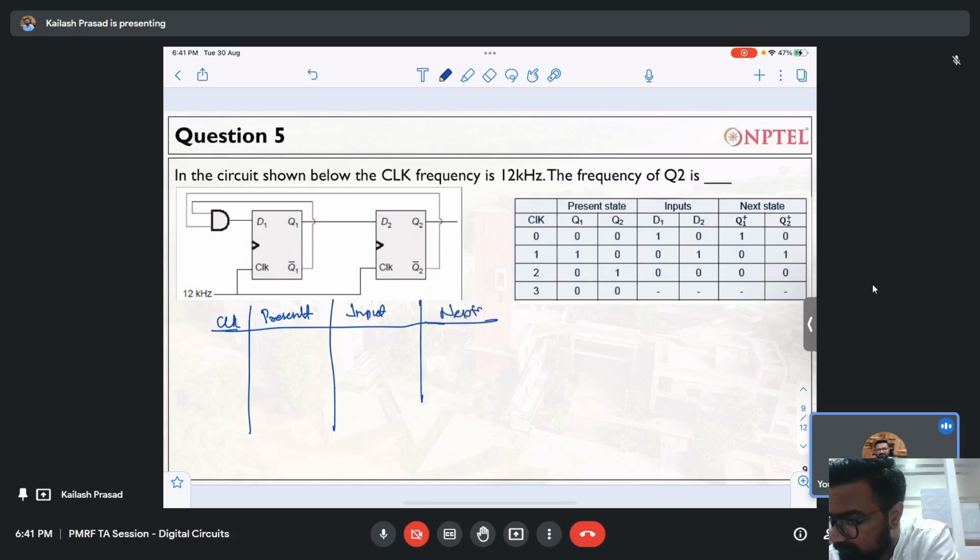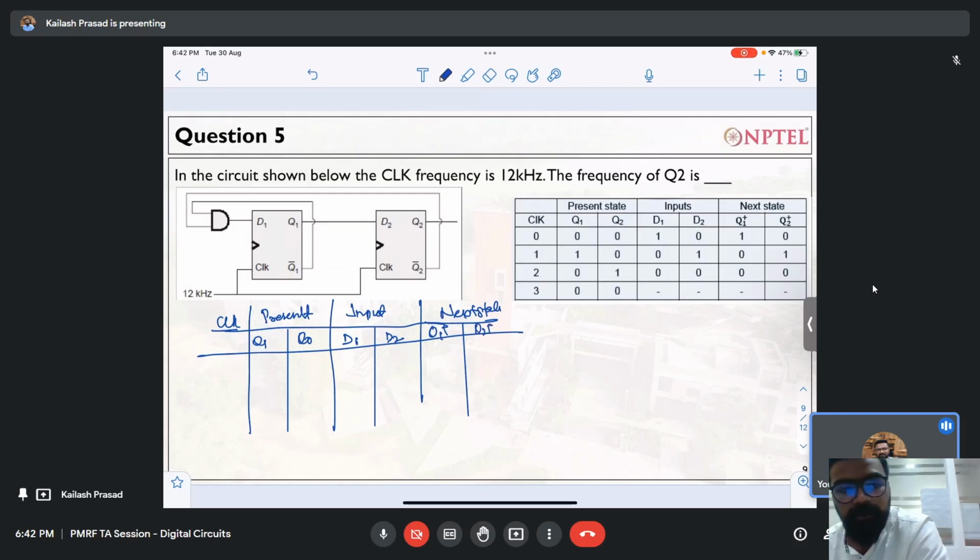In present state you will have q1 and q0. Similarly, in the input you will have d1 and d2, and in the next state you will have q1 plus and q2 plus.